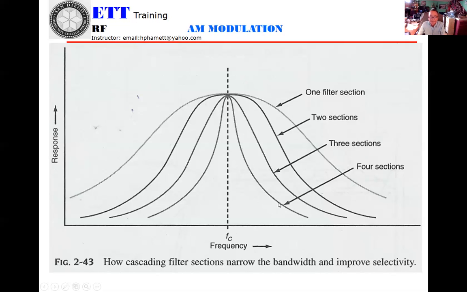Question is why? Bandwidth is narrower. It has a much steeper attenuation rate of unwanted signal. Basically, that's just telling you one thing: it will reduce the noise. It has a steeper roll-off rate. Yeah, in a narrow band, you get less noise than with the wide one.